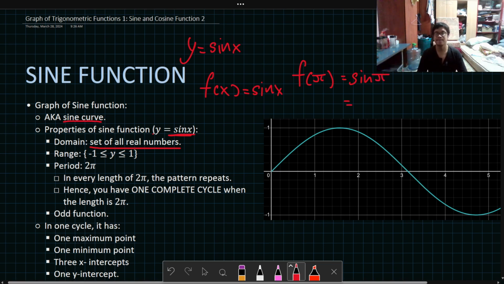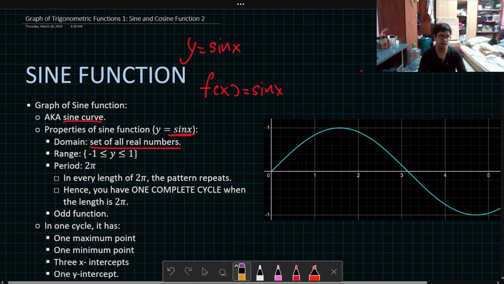In fact, sine pi is basically zero. Not only pi, but you can substitute any x values into the function. So that's the domain.